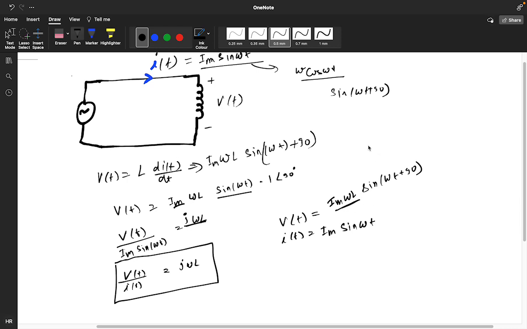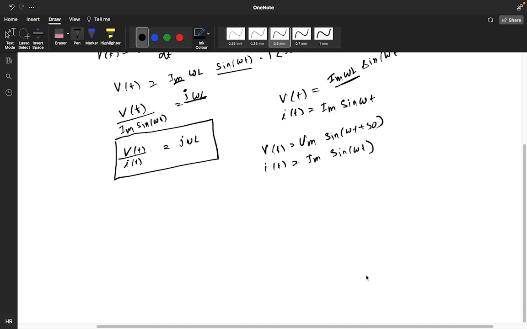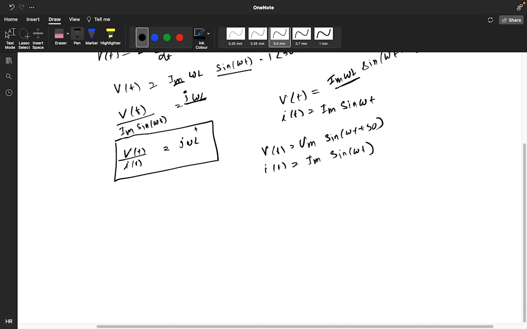This can be written as Im into omega L, you can write it as Vm. So v of t is Vm sine omega t plus 90 degree, and I of t is nothing but Im sine omega t.